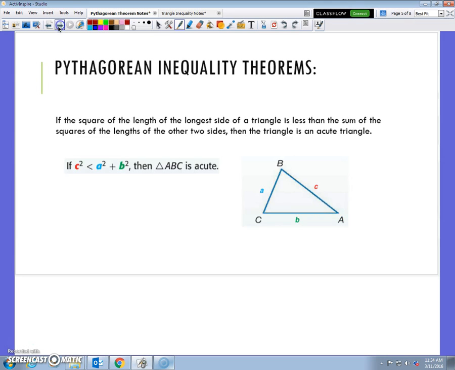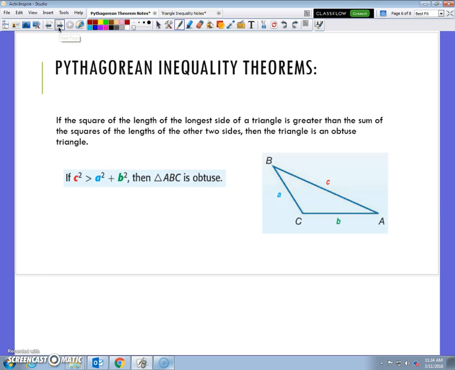It works well, because if the c squared value happens to be smaller than the a squared plus b squared value, then the triangle is actually acute instead of right. And if it's bigger than the a squared plus b squared value, then the triangle is actually obtuse. And of course, if it's equal, we know it is a right triangle.